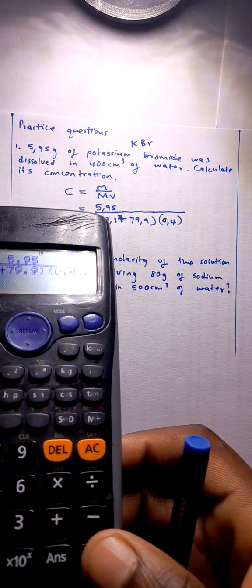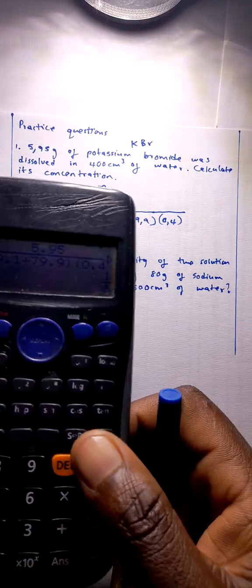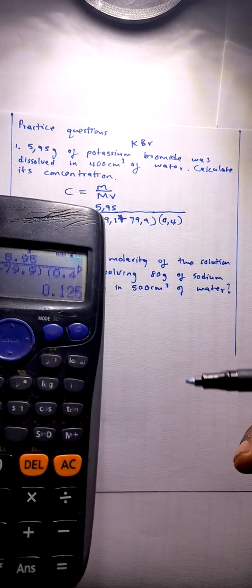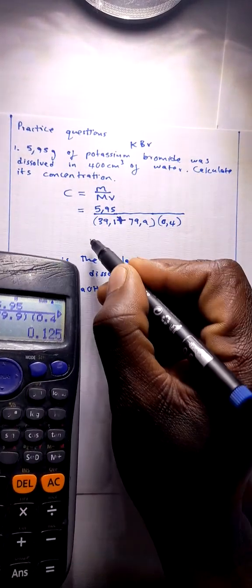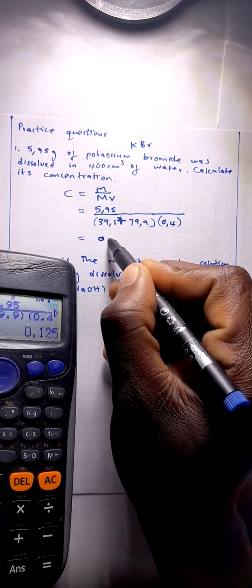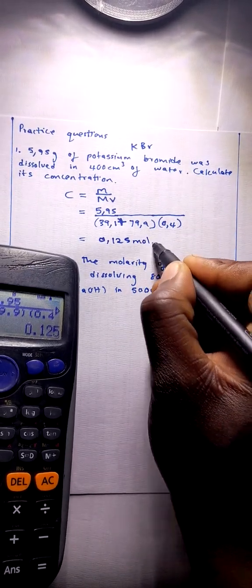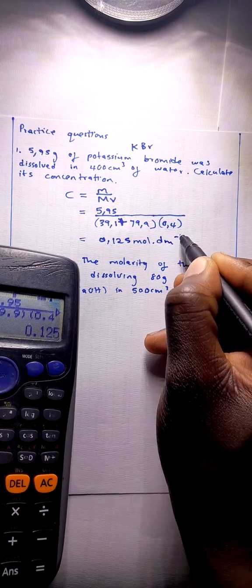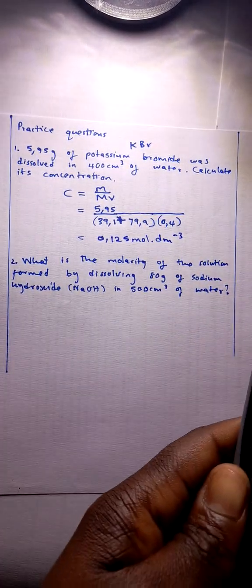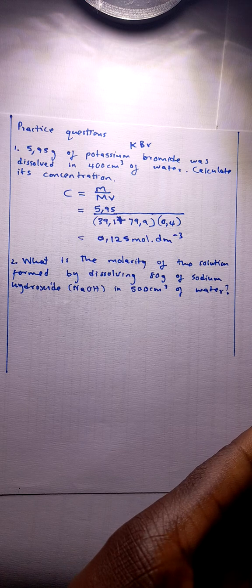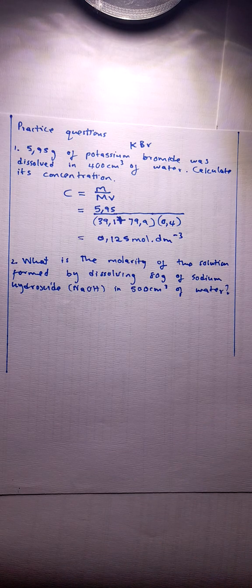But if you know, then you know. So the answer is 0.125 mole per cubic decimeter. Okay, I hope you got that correct. All right, let's move on to another question.